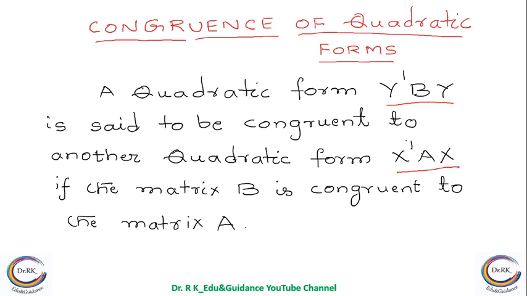So when can we say this y transpose By is congruent to the quadratic form x transpose Ax? Very simple. When the corresponding matrices are congruent, that is, when the matrix B is congruent to A. So if the corresponding matrices are congruent, then the quadratic forms are congruent.